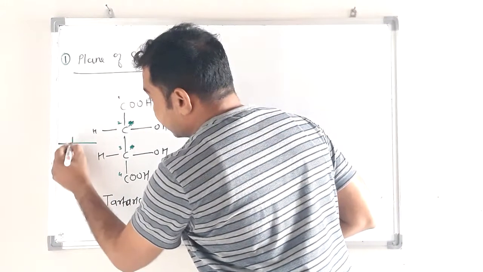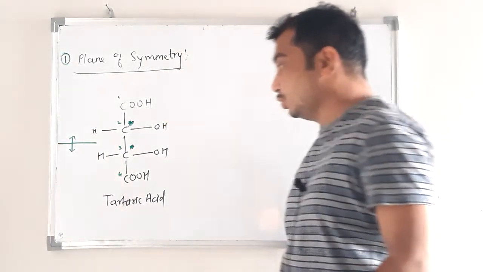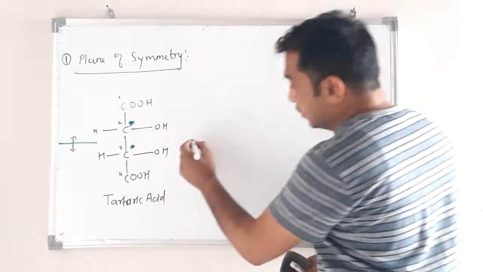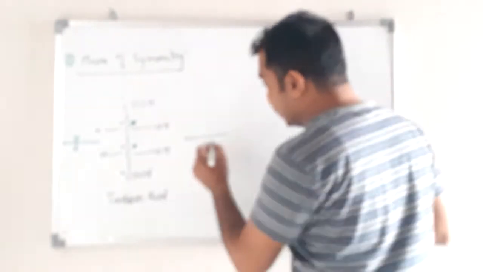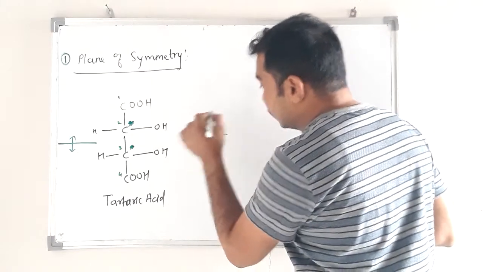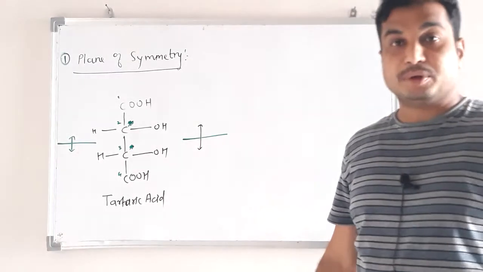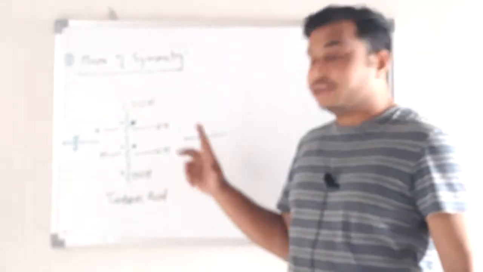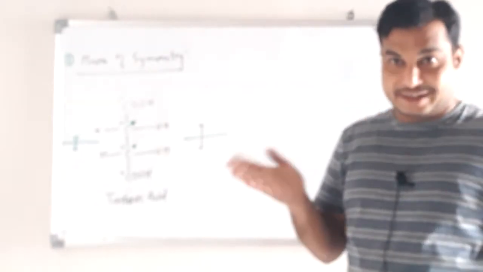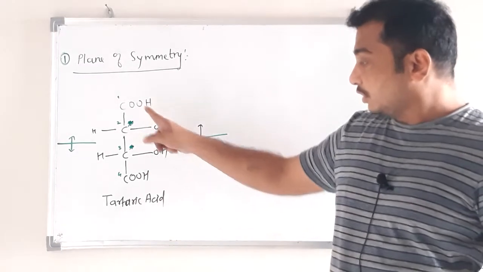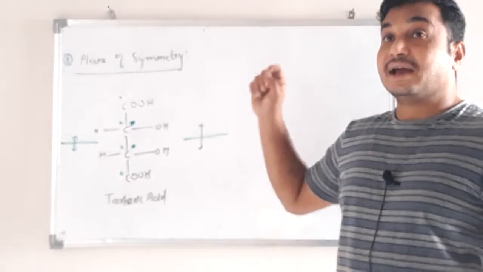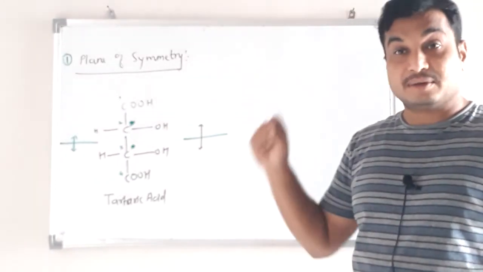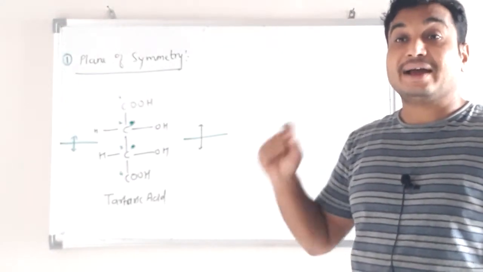If we pass plane polarized light through the solution of tartaric acid, whatever light emerges from the solution has the same plane of rotation. There is no deviation, either right side or left side. This means tartaric acid, having two asymmetric carbon atoms, is still optically inactive.